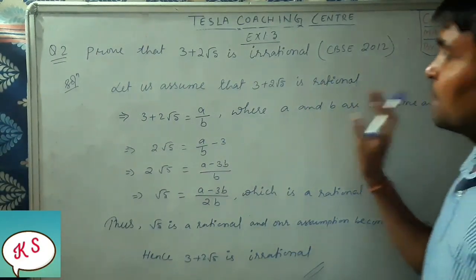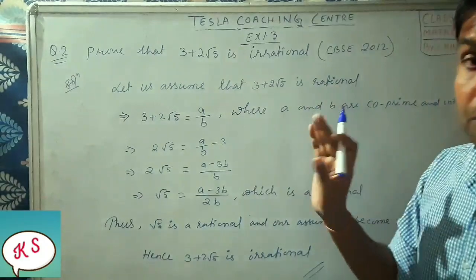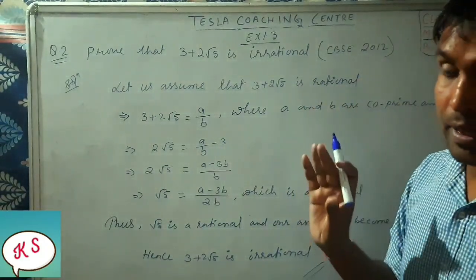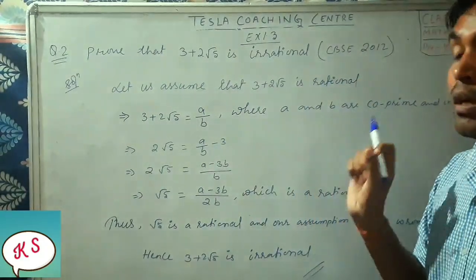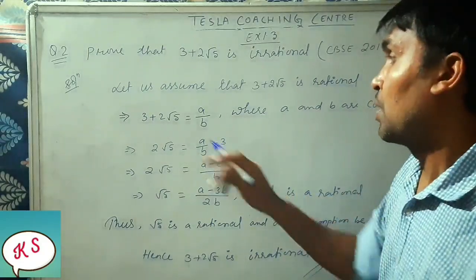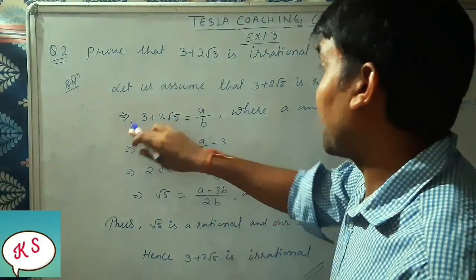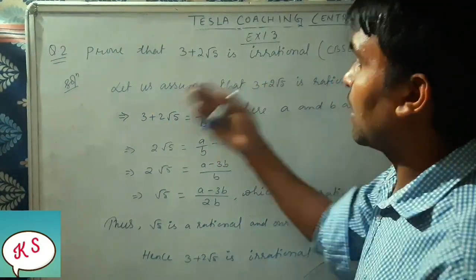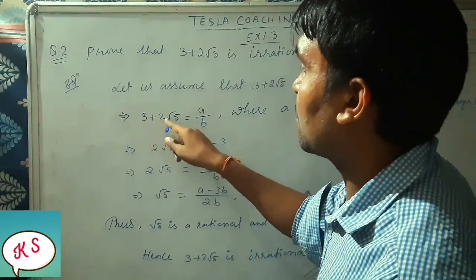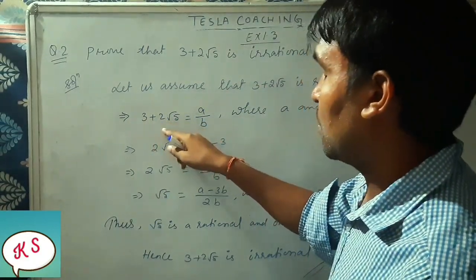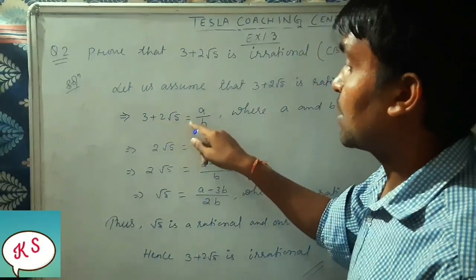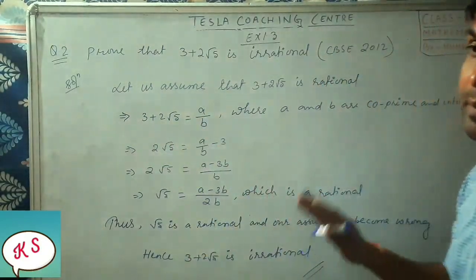If it is rational, that means they should be able to form a ratio. So it implies 3 plus 2 root 5 is equal to a by b.